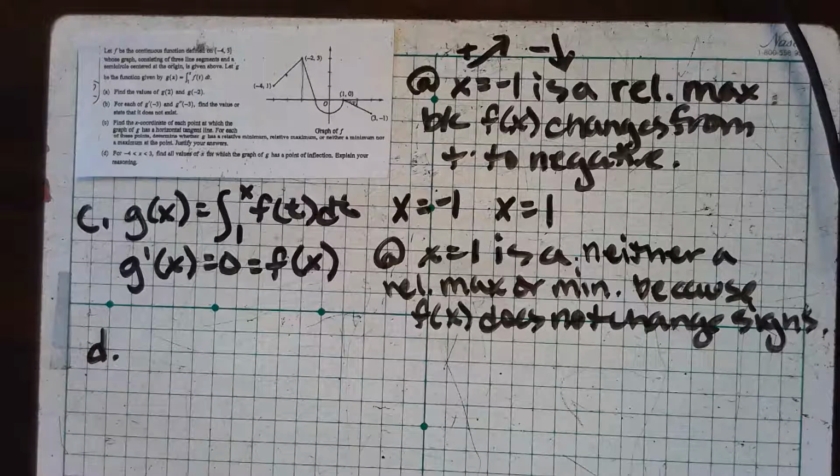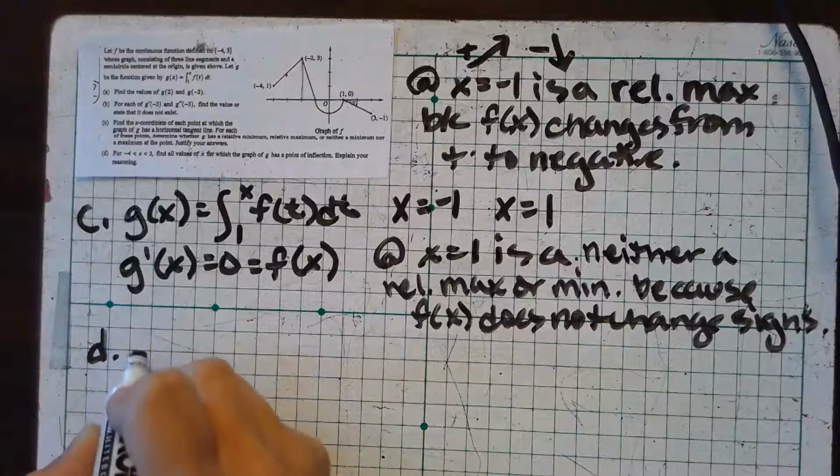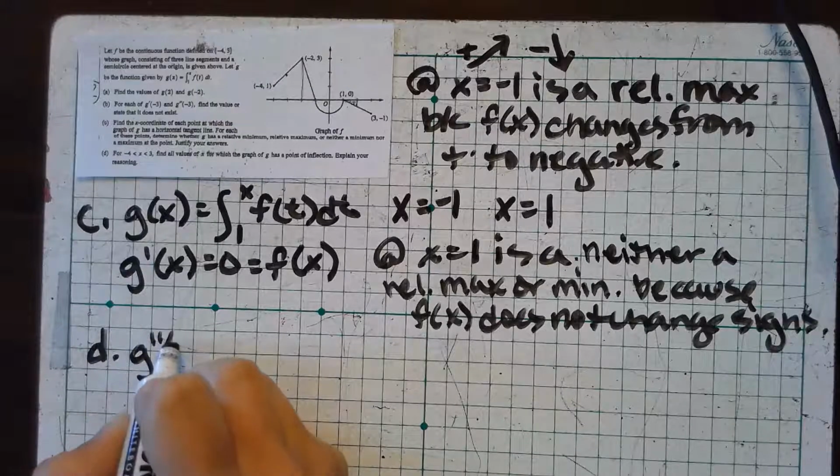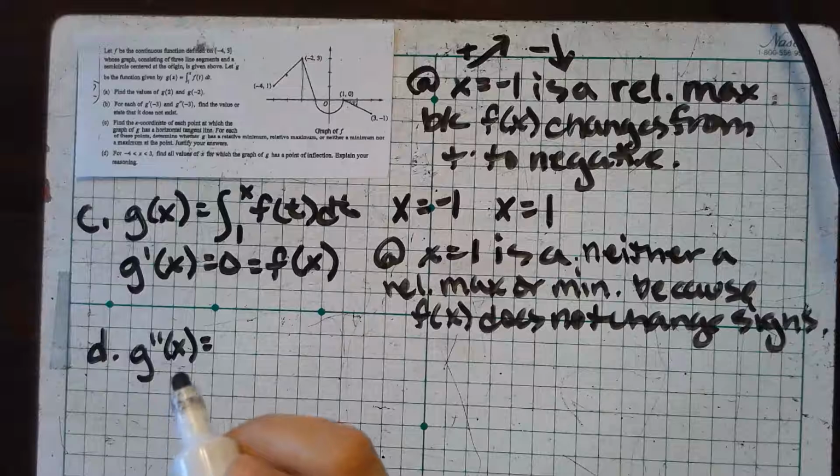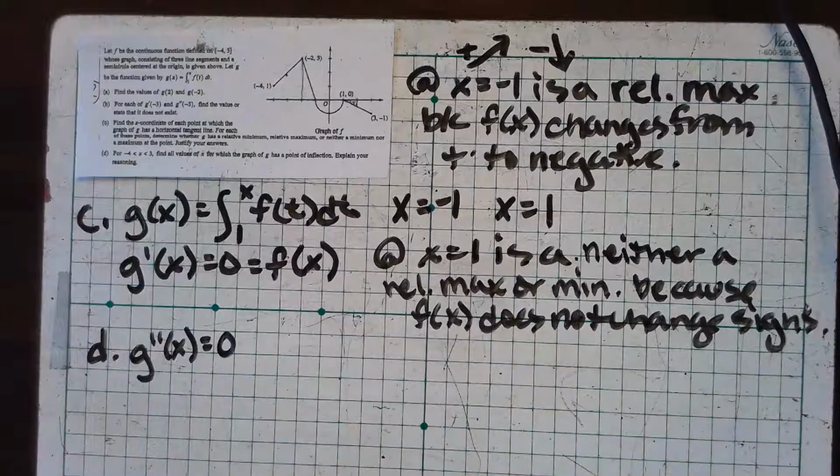Okay, moving right along, D. For negative 4 to 3, find all values of x for which the graph has an inflection point. Explain your reasoning. Okay, so inflection points, remember, is when g double prime of x equals 0, as well as changes concavity.